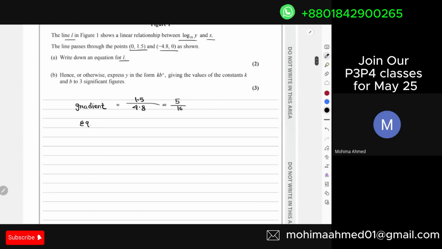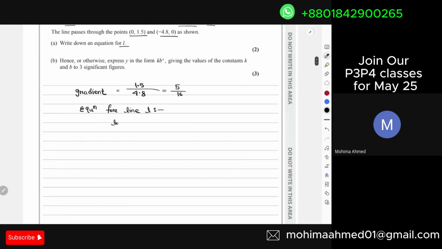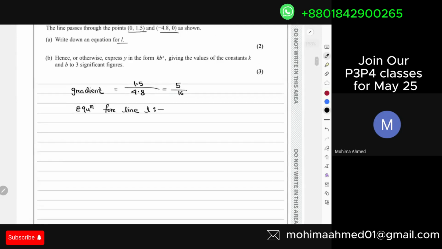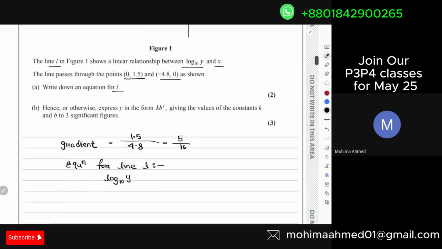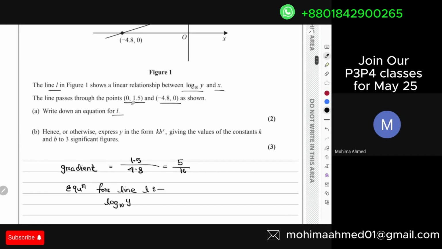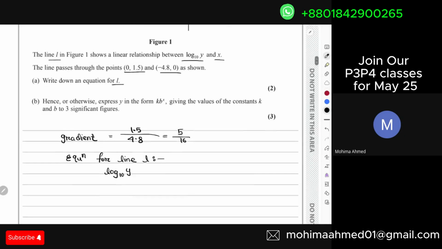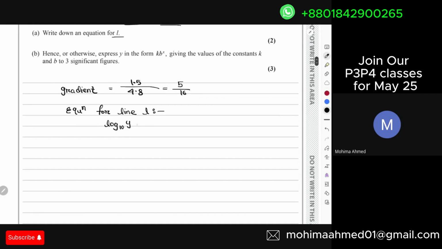Now, if we start with the equation for line L, then you can write this equation as log 10 y, and you can take any coordinate over here. I'm going to use this coordinate, 0, 1.5. So you get log 10 y minus 1.5 equals 5 by 16 times x minus 0, right?